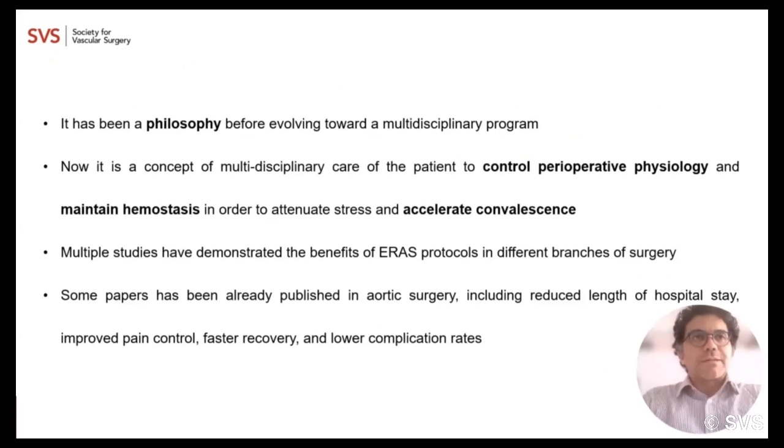ERAS has been a philosophy before evolving toward a multidisciplinary program. This multidisciplinary program would like to take care of the patients to control the perioperative physiology, to maintain the hemostasis during the intervention, and to reduce the stress and accelerate the convalescence in the postoperative.